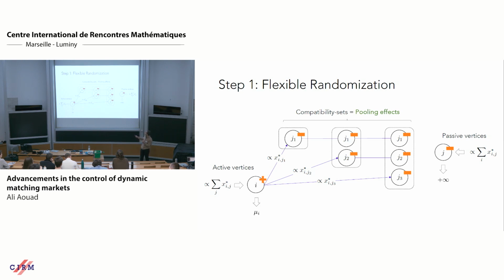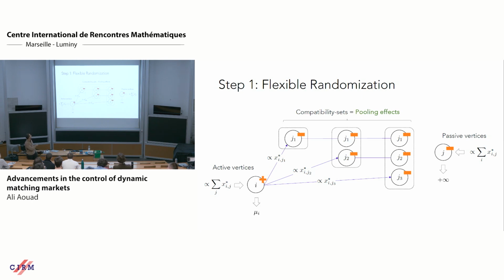So there's a notion of compatibility sets, and each agent we label with a compatibility set. The compatibility set is a subset of passive types that the agent is willing to match with and will wait for. So one set will be more flexible than another. There are more agents you can match with, so you can hope to reduce the exposure to abandonment because you're more flexible.